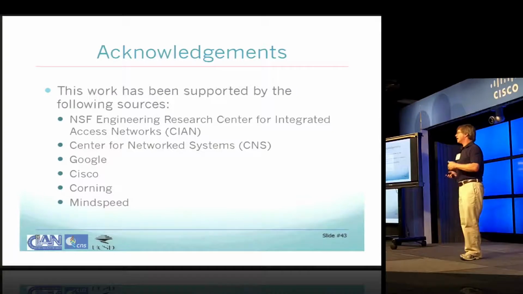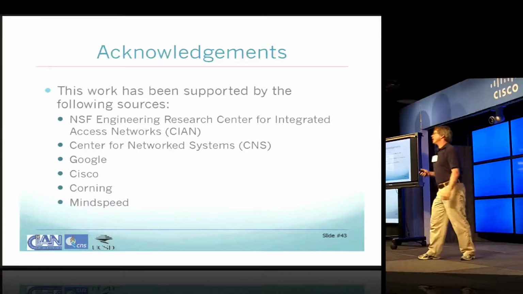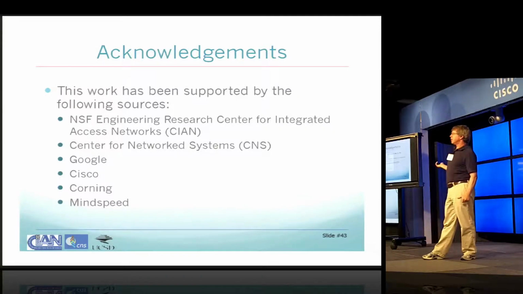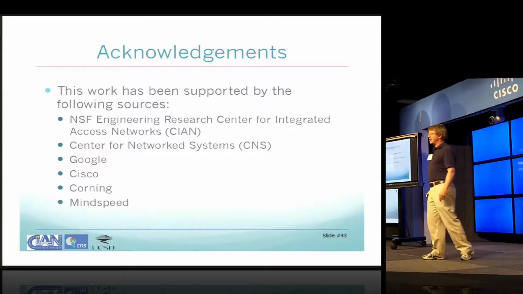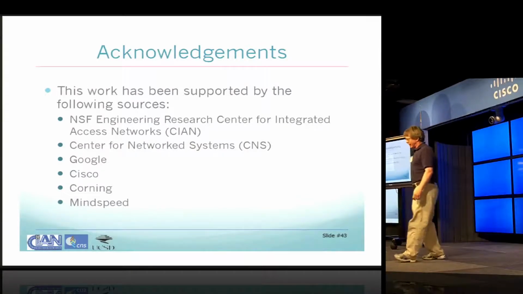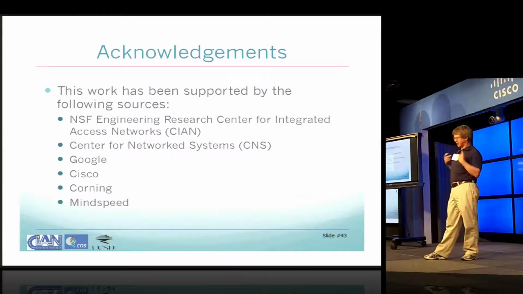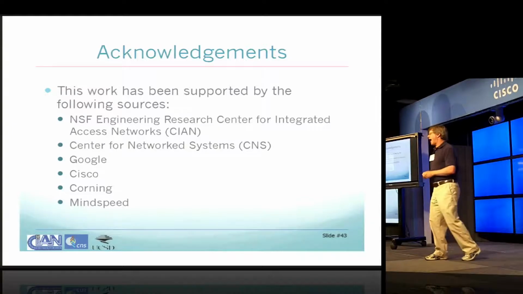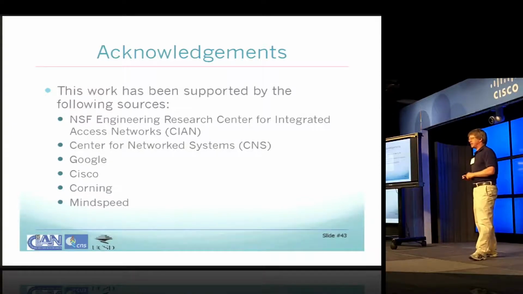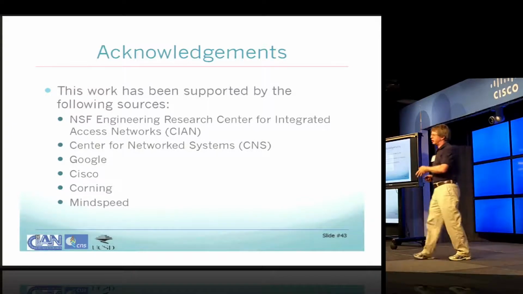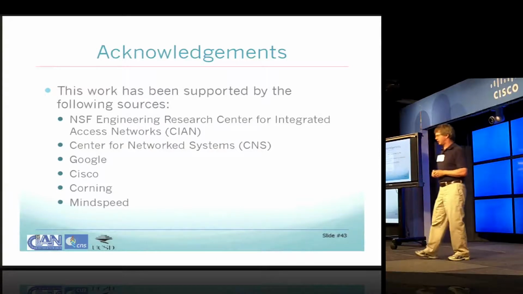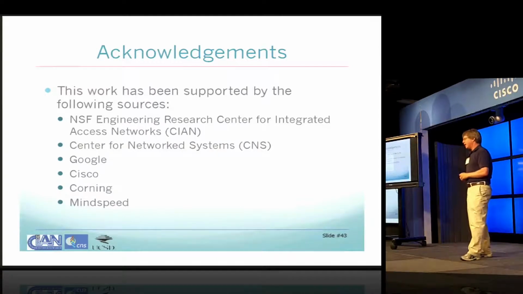But having said that, if you're trying to build a schedule for a small data center in Google's world of 30,000 end hosts, you cannot, at least in my opinion, take the whole schedule. You're going to have to do some sort of factorization into a local schedule and a global schedule. That's currently something that we're looking at.